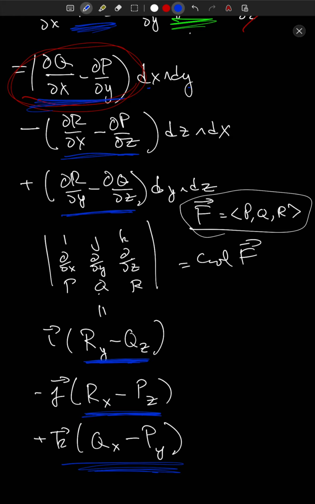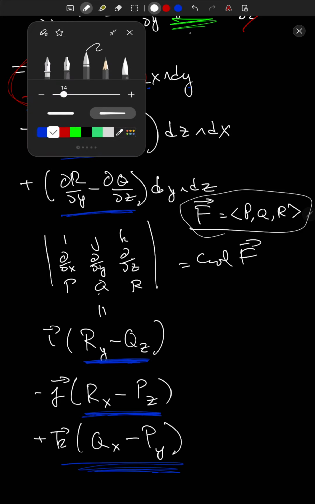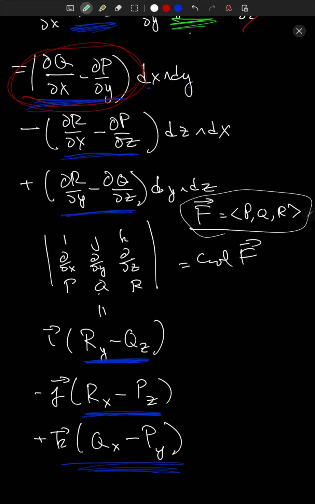And it looks kind of strange how we did the correspondence, but the idea is this one here is missing the dz, right? And so that corresponds with the k. The term that it's missing of the three is the one that it corresponds to down here.